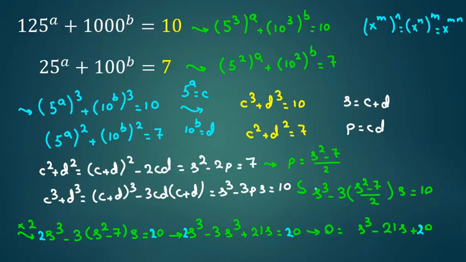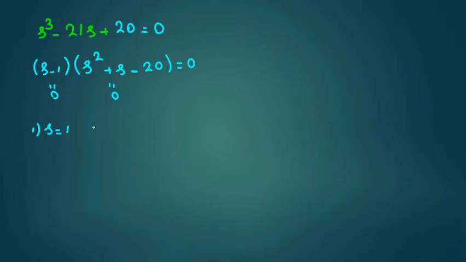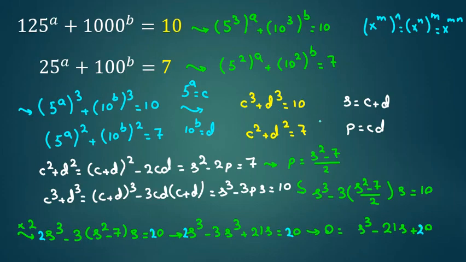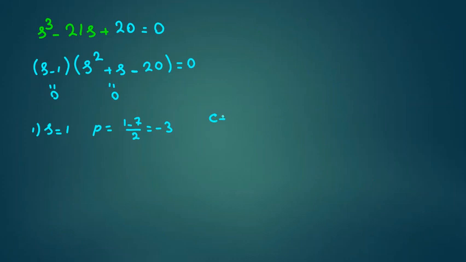S is sum. P is what? S squared minus 7 over 2. 1 minus 7 over 2, negative. And then, what can we say? S is C plus D. CD is negative 3.